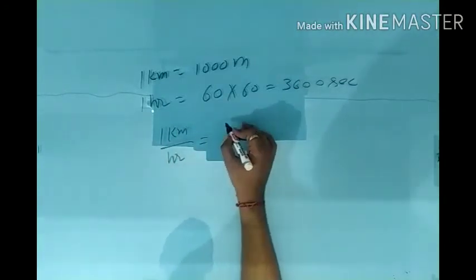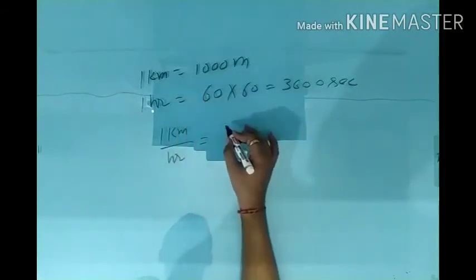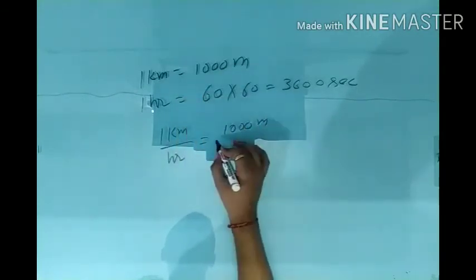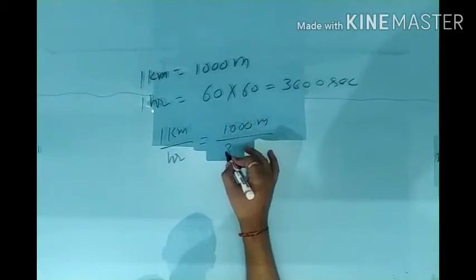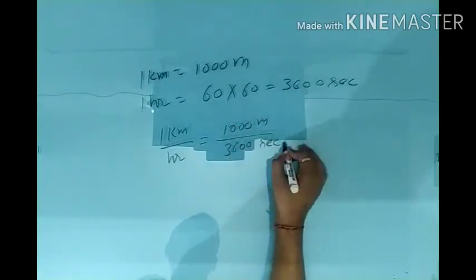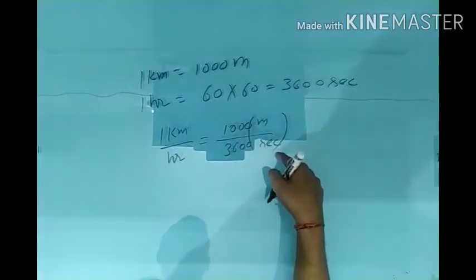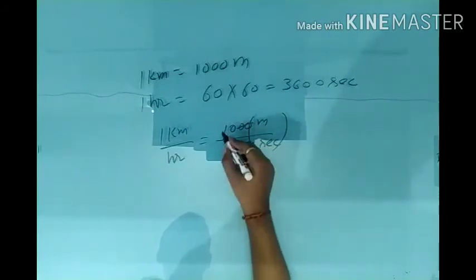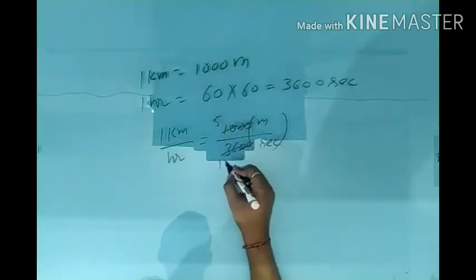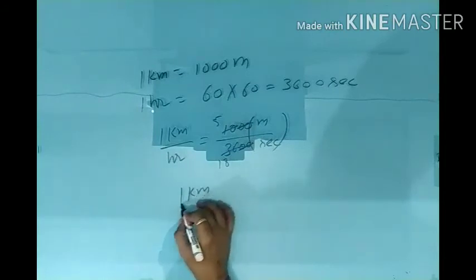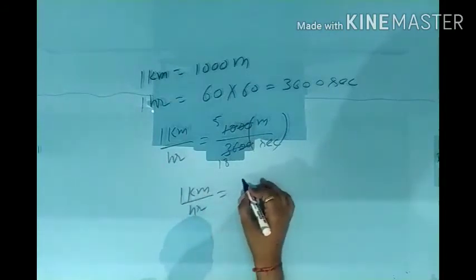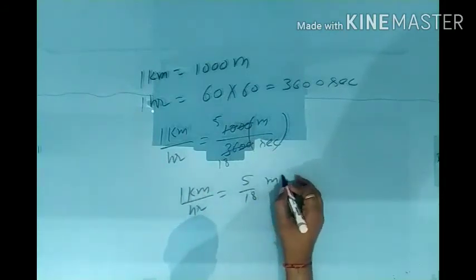In case of kilometer, it is 1000 meters divided by 60 into 60, that is 3600 seconds. Now this is meter per second. Now cancel these two zeros. It is 5 by 18. Now 1 kilometer per hour is equal to 5 by 18 meter per second.